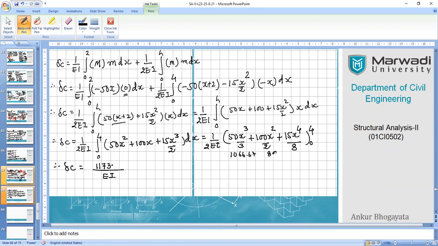Right. This is 800. And then we have 4 raised to 4 into 15 divided by 8. So that gives you 480. So let's sum them up. 1066.67 plus 800 plus 480. So that is 2346.67. Is there anything wrong over there, Darsha? Or is there any mistake? Anyone getting this answer? You can raise your hand.